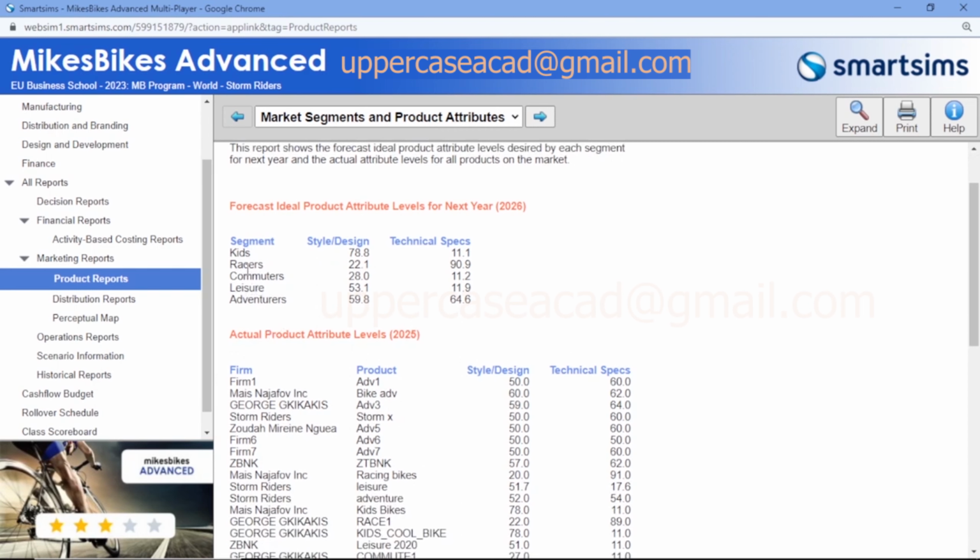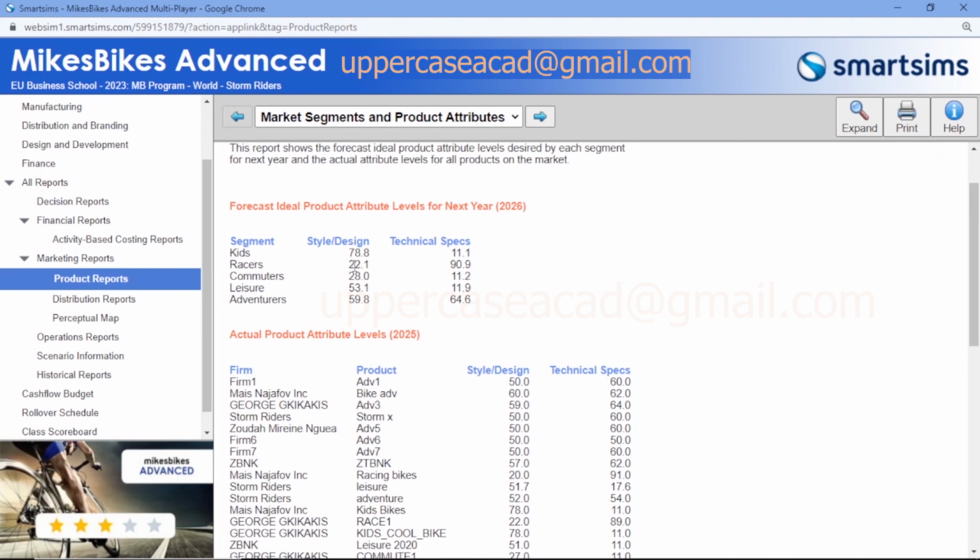For let's say the kids segment, they want a bike with a style of 78.8 and technical specs of 11.1, meaning they don't want bikes with such high technicality. They just want a bike that has a very unique style.